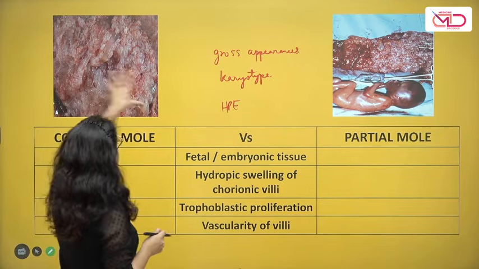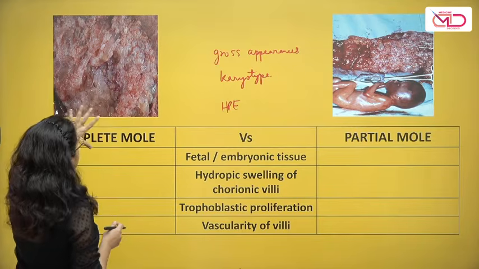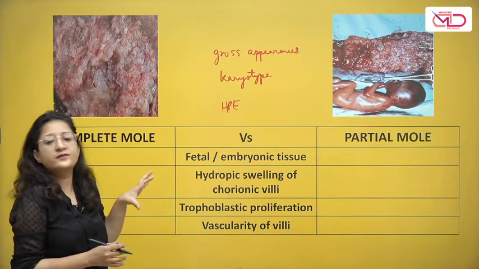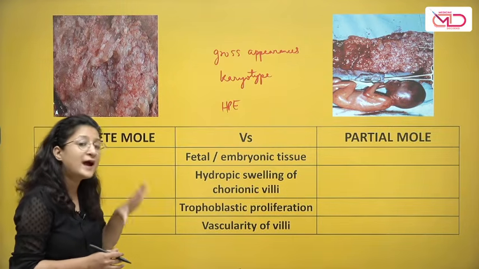So as you can see grossly, this is the gross picture. The complete mole, as you can see, consists only of chorionic villi with no fetal or embryonic tissue present at all, right?